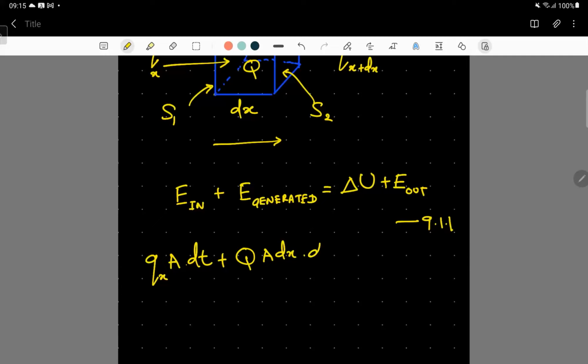The whole term has to be multiplied by the corresponding time that we would like to perform the analysis, which will give the energy. Let's deal with the corresponding delta U part separately.